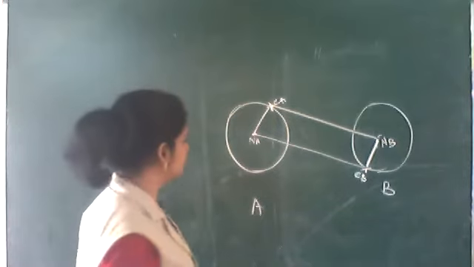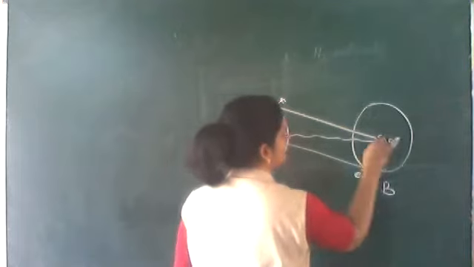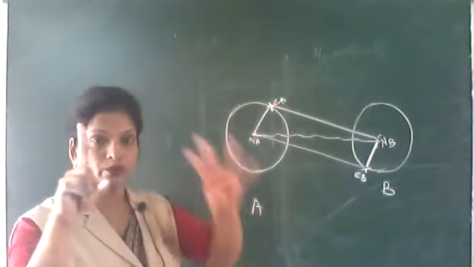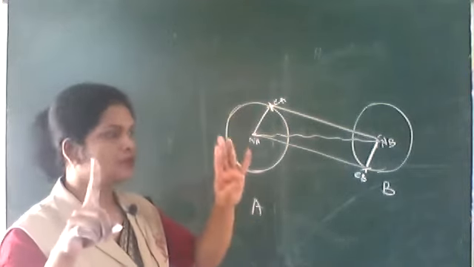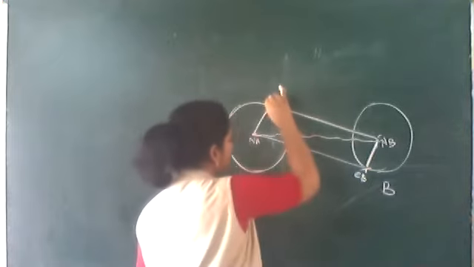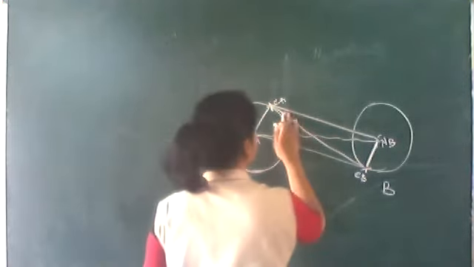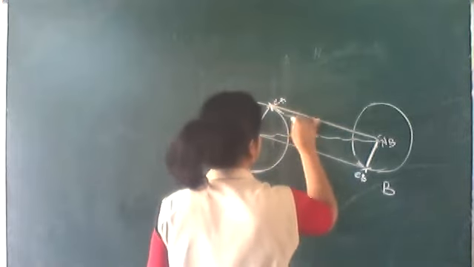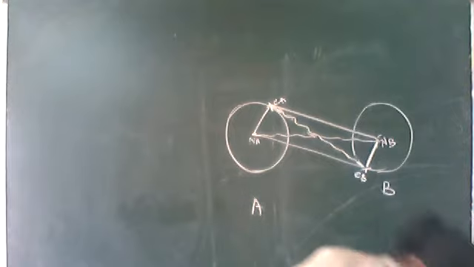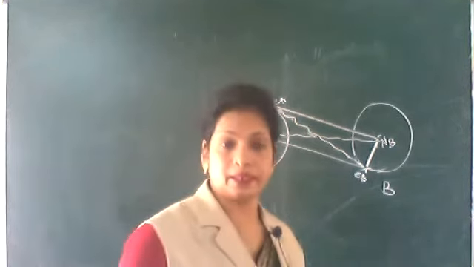There are repulsive forces also. What are the repulsive forces? Na repels Nb. So that is one repulsive force. Ea repels Eb.